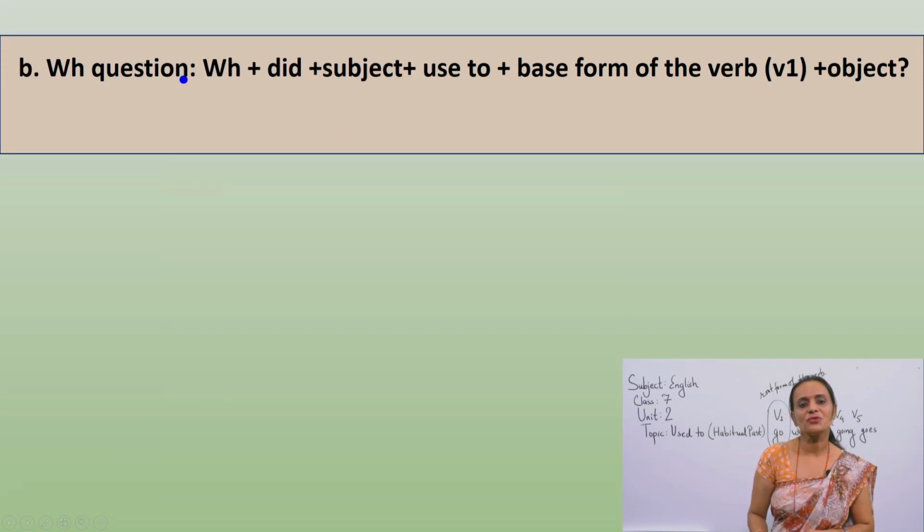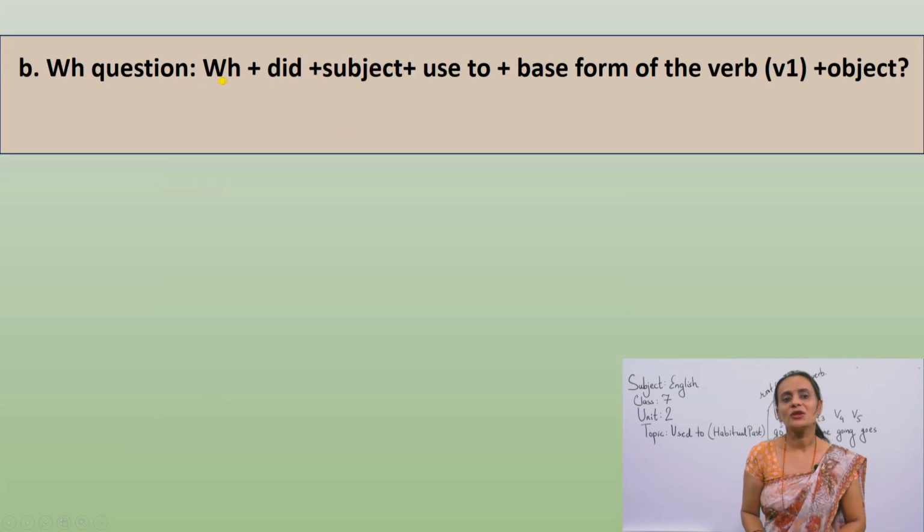Okay, now we have WH question. Now the structure of WH question, see it. WH question always starts with the WH words, for example, what, when, how, and where. These are the examples of WH question. At first we have the WH word, did, subject, plus used to, plus base form of the verb, and at last we have the object.